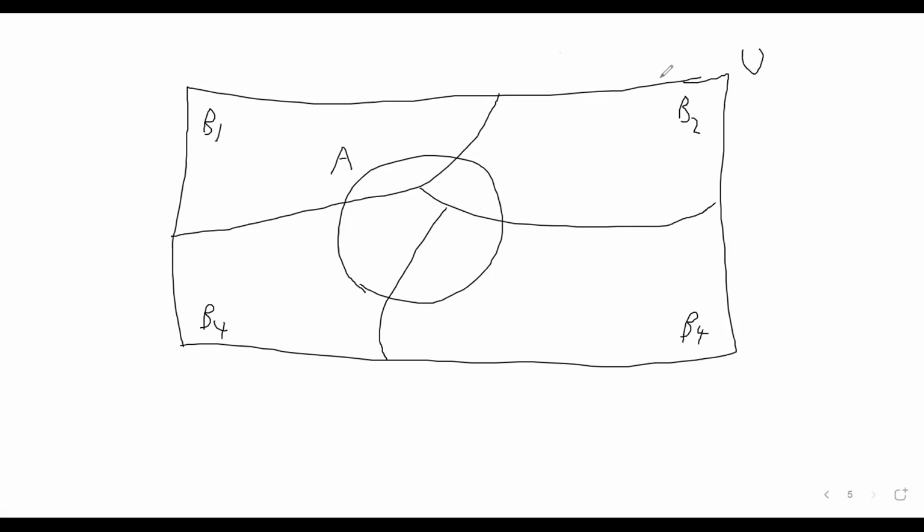So you see how the entire universal set, the set S, the entire sample space, you have B1, B2, B3, and B4. They're all mutually exclusive.